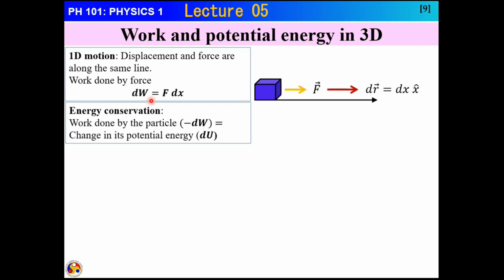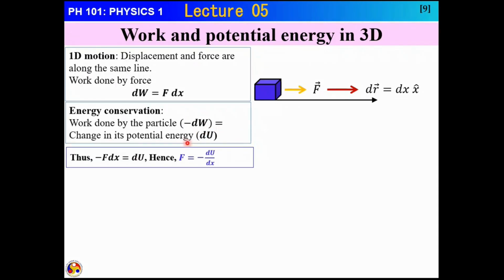It is going to be converted into potential energy, so the work done by the particle, minus dW, is equal to the change in its potential energy. Thus, we find the relation between the force and the potential energy: force is basically the rate of change of the potential energy.